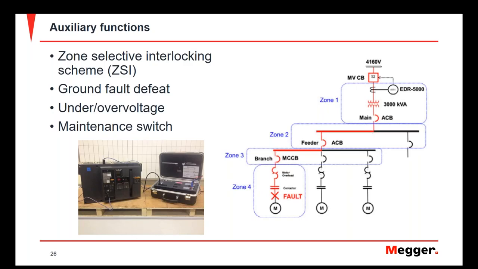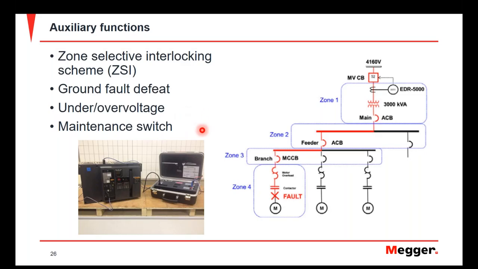The next thing that we need to consider is the ground fault defeat that we just talked about in the last slide. Here is an example of a secondary injection test set that can be used on this style of breaker to defeat that ground fault function. Additionally, we have to consider whether there is a presence of an under voltage or over voltage mechanism that we have to satisfy using an external power source to be able to actually close the breaker to do these tests.